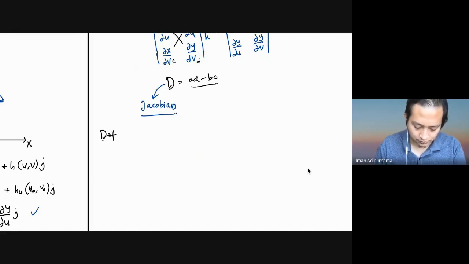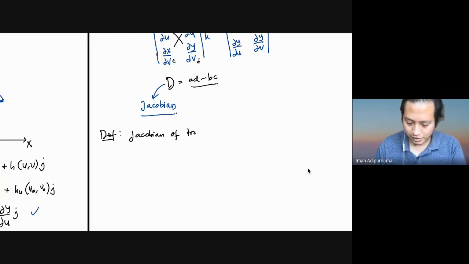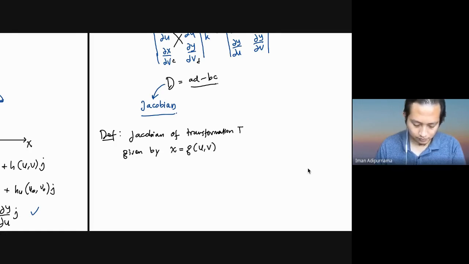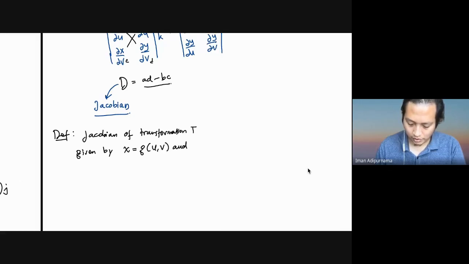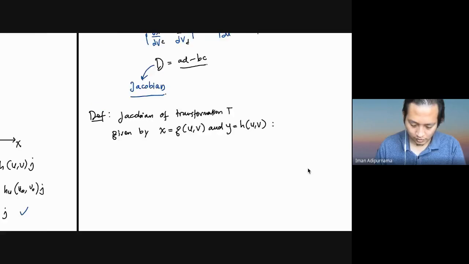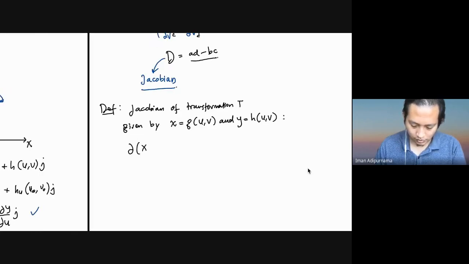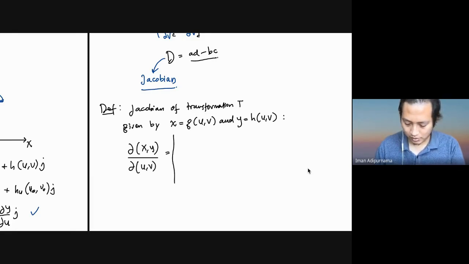So definition: Jacobian of transformations D given by X and Y. So this is the Jacobian. You need to write this symbol, which means you need to find the determinant.